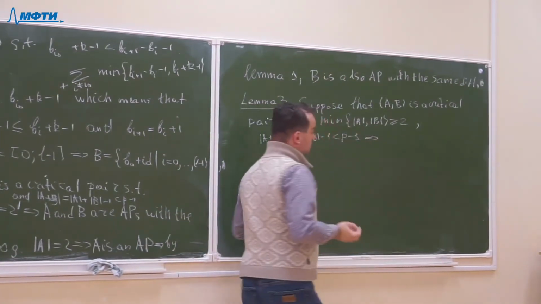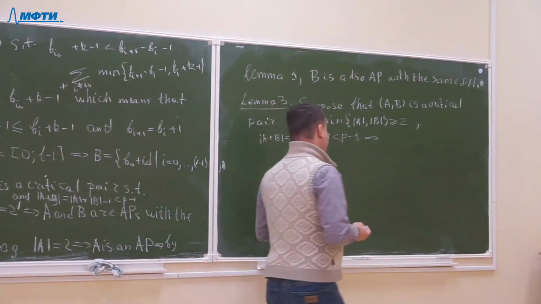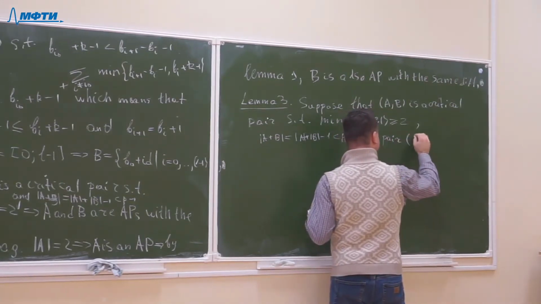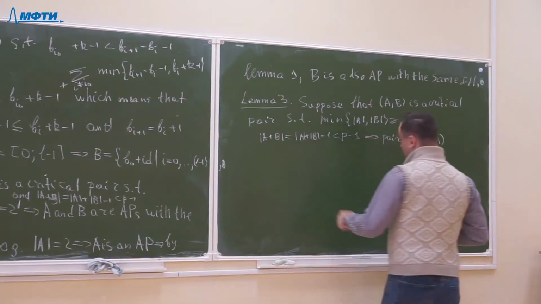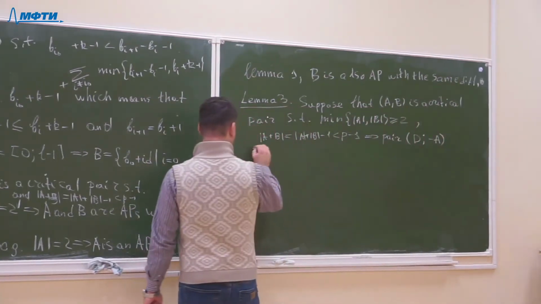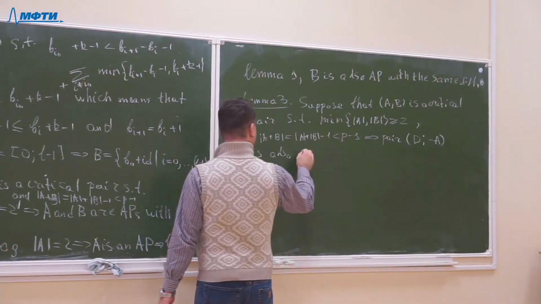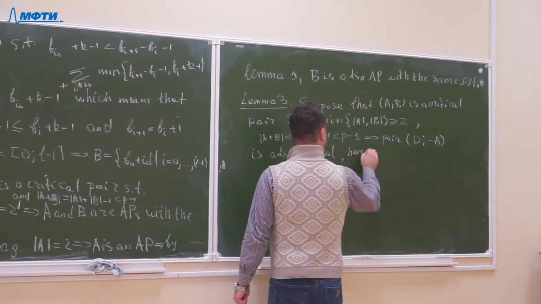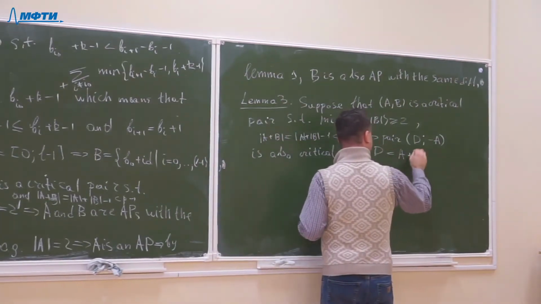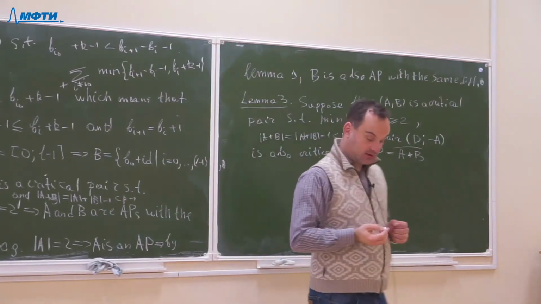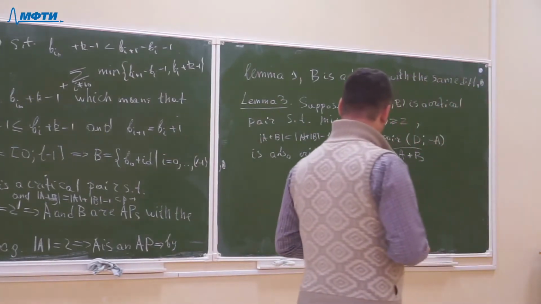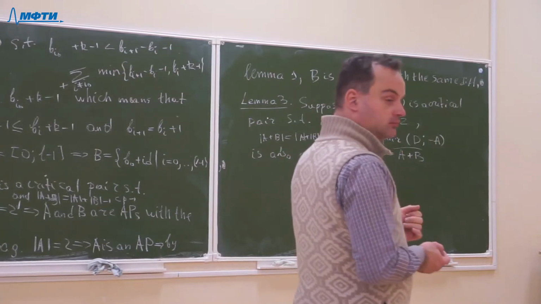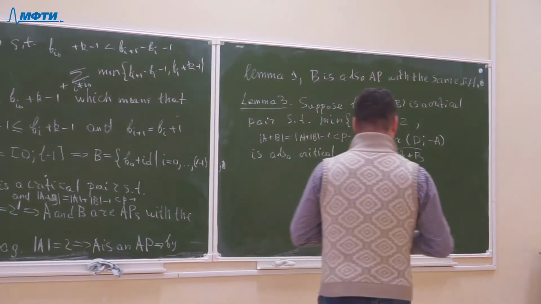Then the pair D minus A is also critical. Here D is the complement of A plus B.